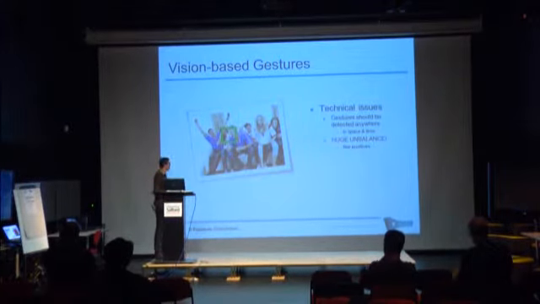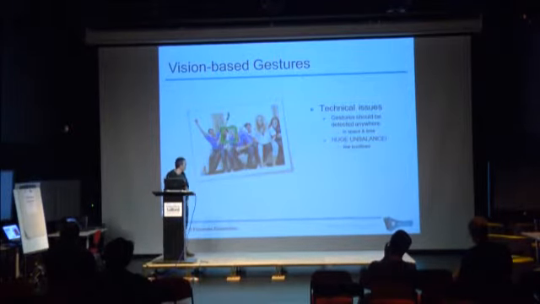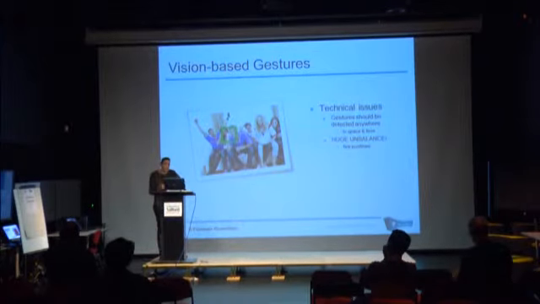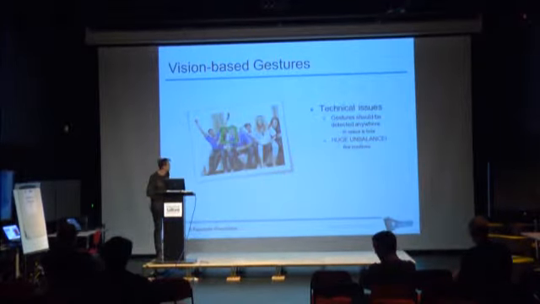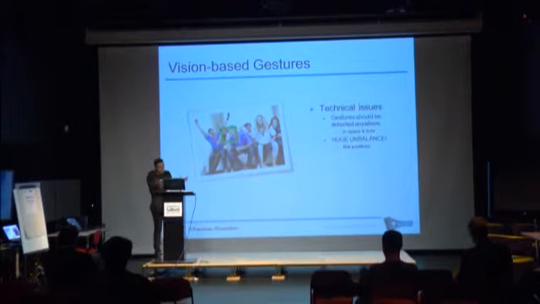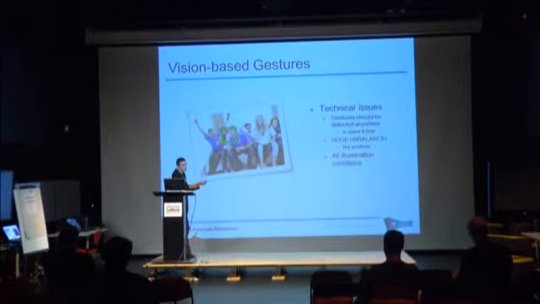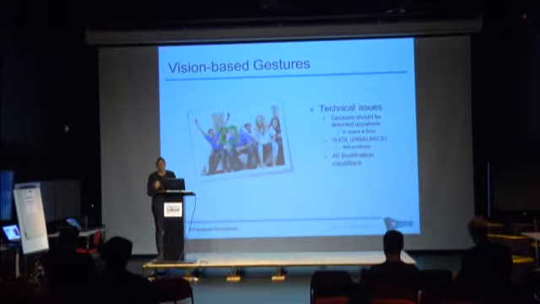So recognizing gestures is what in the community is called a highly unbalanced problem. There are very few positives, very few gestures that the TV should react to. And there are many, many times that people will do something, will be talking, will be waving their hands, but you don't have to do anything. So it's a highly unbalanced problem, and when you design the system, you have to use the tools that deal with this problem.